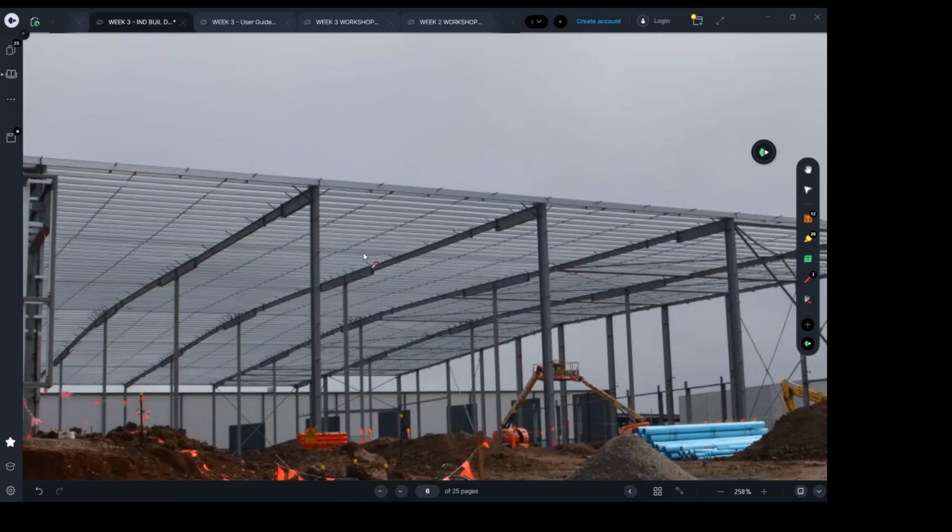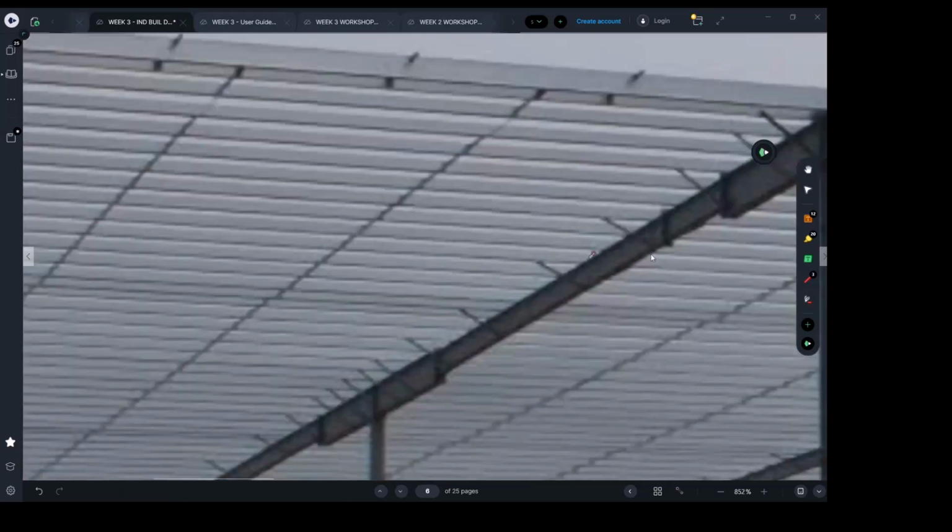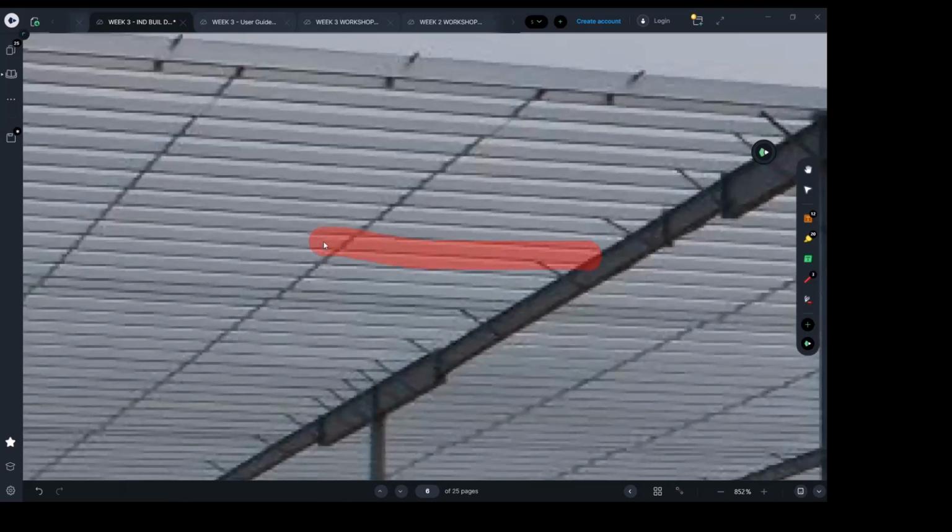What's the function of the purlins? I will be zooming into it with a clear picture, highlighting this purlin, and ask what the functions of this purlin are. Number one, it is supporting the sheeting materials. Just half a line, tick, that's one correct.